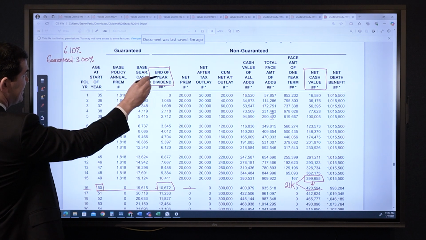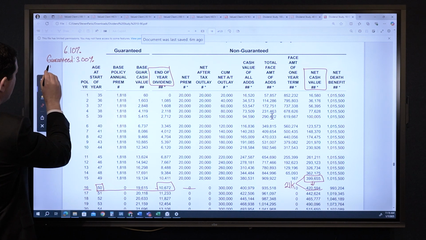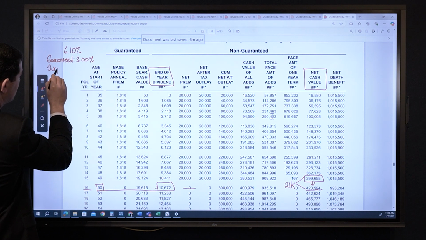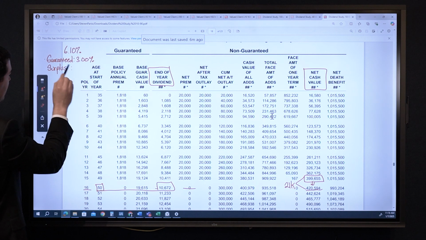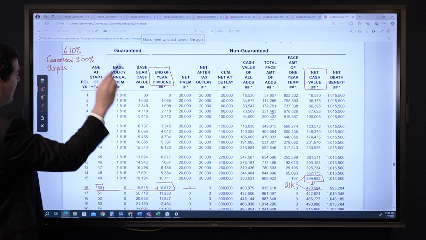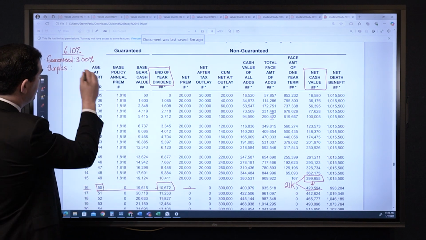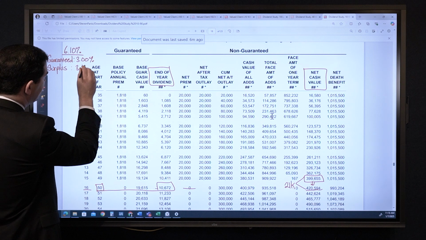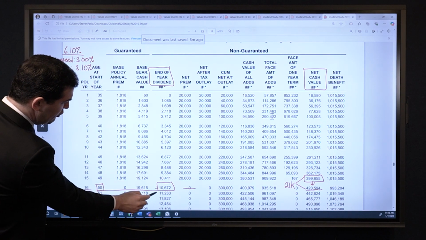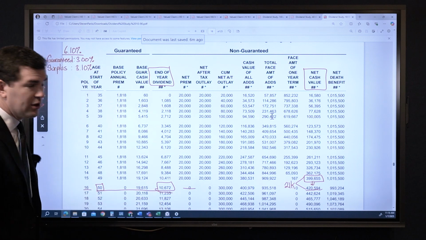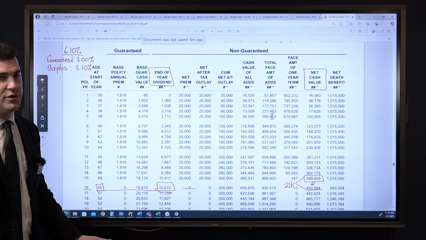So what that means is that that dividend column represents what is called the surplus, which is the difference between the guaranteed rate and then the advertised dividend interest rate. So it would be 3.1%, which makes sense in this example when we see that the dividend column represents about half of the growth.